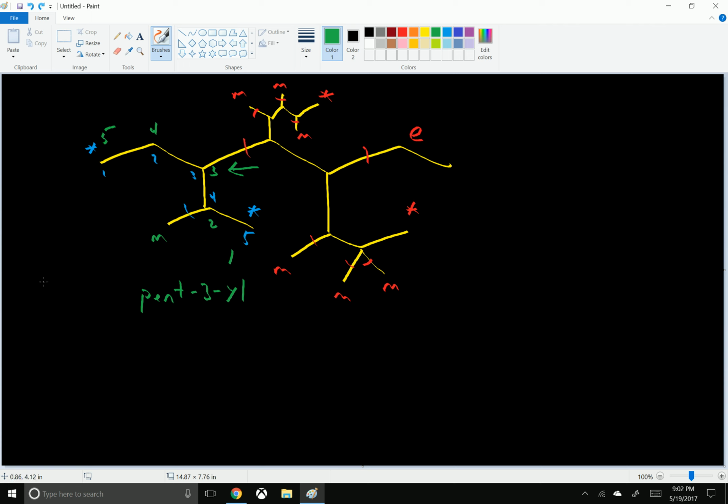So it is a 2-methylpent-3-yl. Having named that, this entire thing is the name of that side chain, and that's how we alphabetize it. It's going to be M. So it's going to be competing with these methyl side chains. Either way, the ethyl side chain is going to come first.